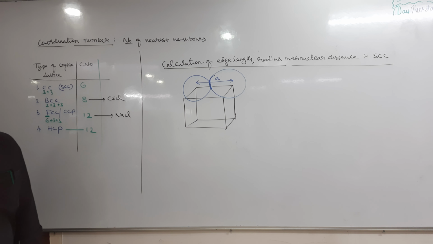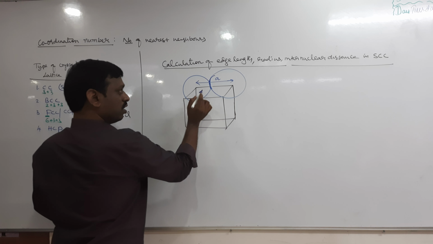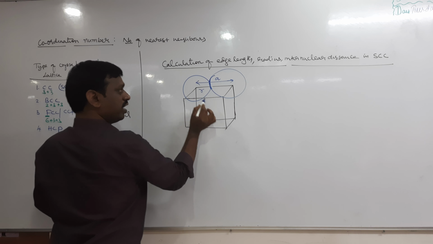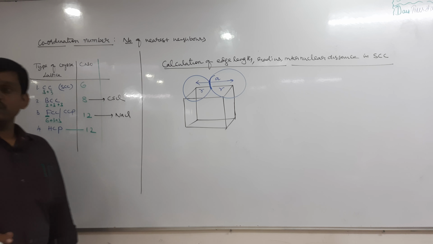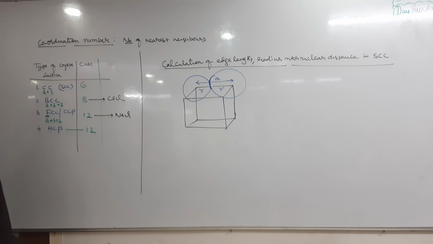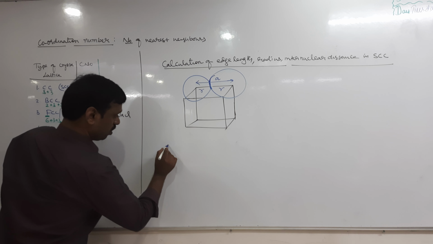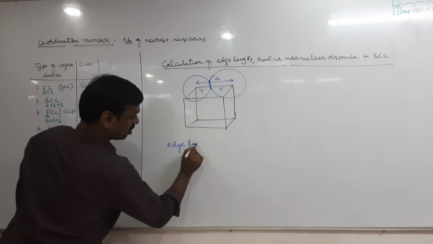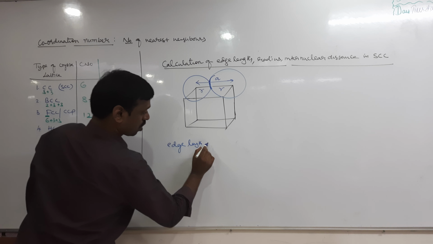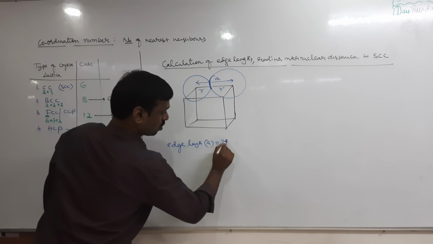Right? Now, since it is edge length, can I take this as also radius? It is what? Radius. So what is the relation between edge length and radius? Therefore, in case of simple cubic crystal, edge length is equal to 2r.